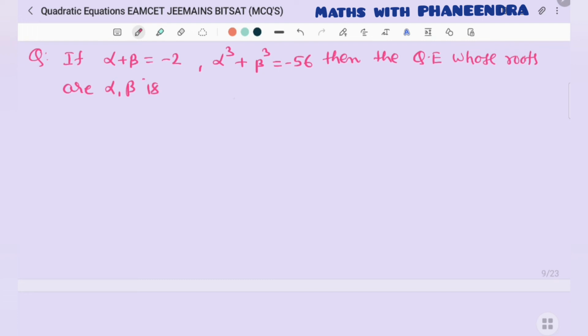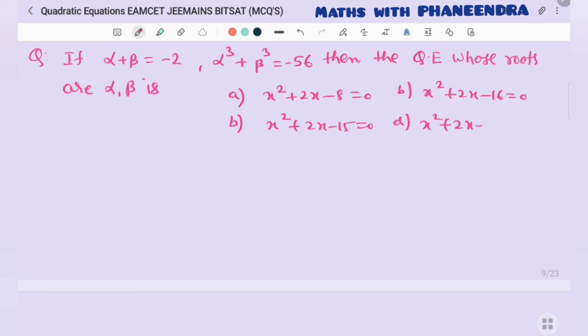I am doing option verification here. The options are: x square plus 2x minus 8 equal to 0, x square plus 2x minus 16 equal to 0, x square plus 2x minus 15 equal to 0, and x square plus 2x minus 12 equal to 0.